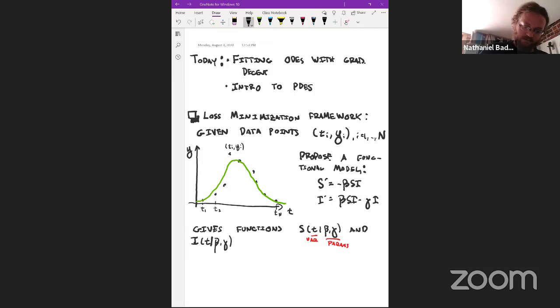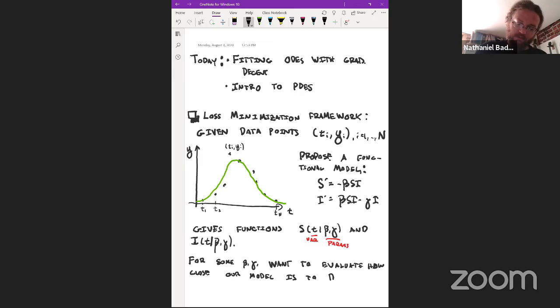So for some beta, gamma, we want to evaluate how close our model is to the data.